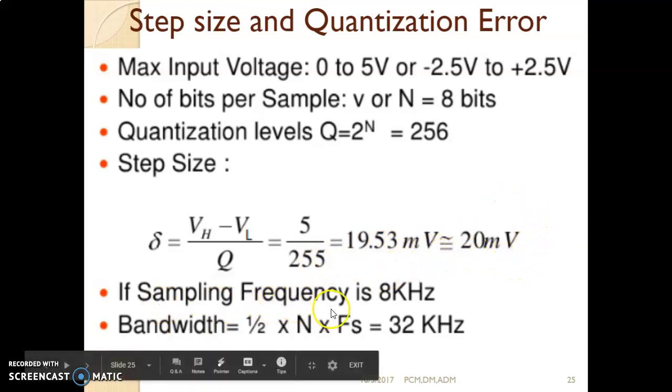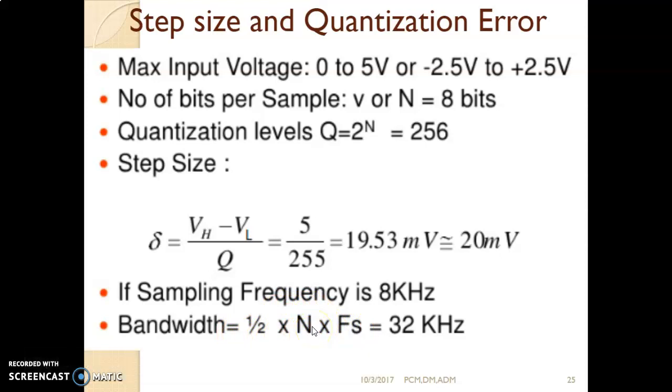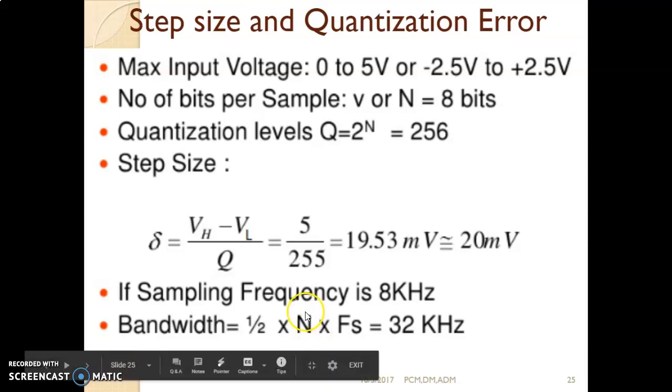And if our sampling frequency is 8 kilohertz, then the bandwidth to transmit this particular signal will be equal to n into fs, where n is the number of bits you are assigning per sample. That is equal to 8 multiplied by 8 kilohertz, the sampling frequency.